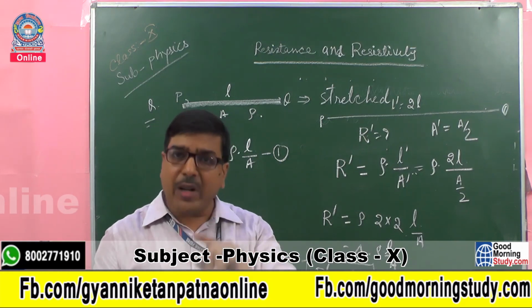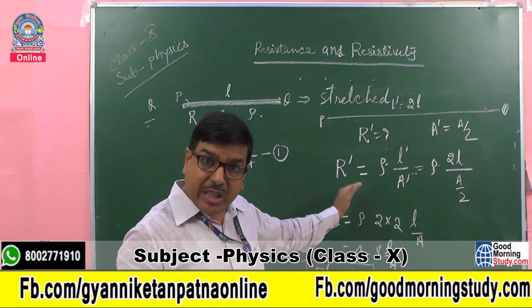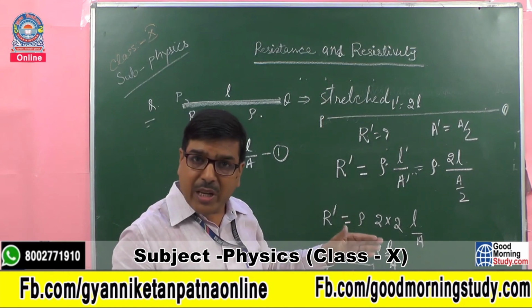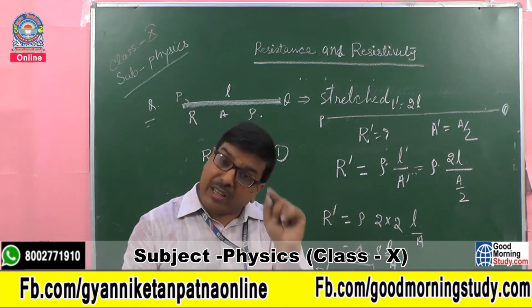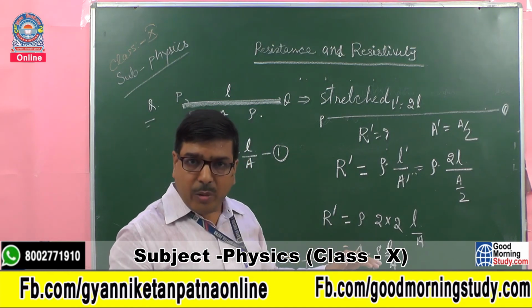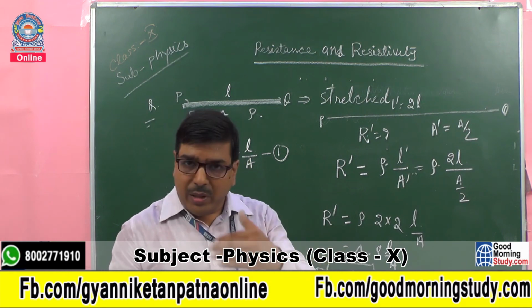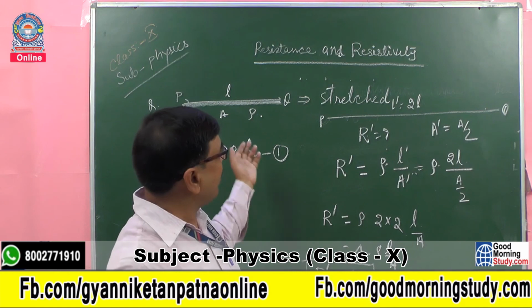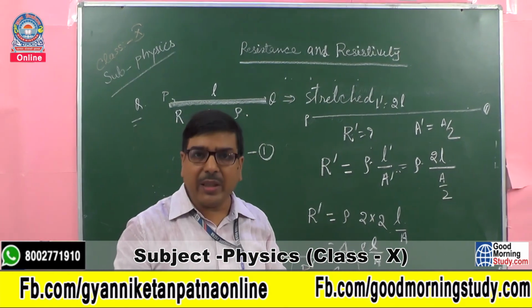It only depends on the material of the body. If the material is changed, resistivity will be changed. So the material of the conductor and its temperature. Remember, these are the main differences. Okay, I hope that you will get this, and this will help to increase your knowledge in the part of resistance and resistivity. Thank you.